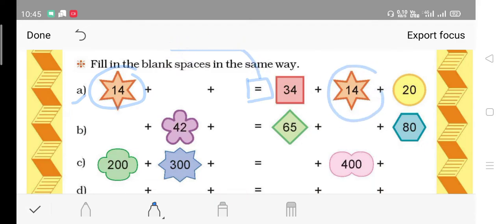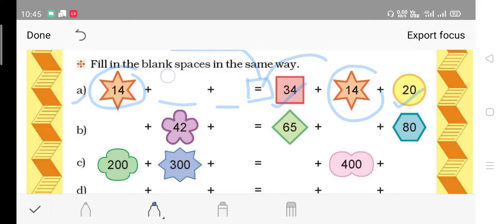That means here is one star and here is one star. So it is already there for us, no need to write. But two things are missing: a square with number 34 and a circle with number 20. If you write these at these places, the order on the left side of the equal and the order on the right side of the equal may change, but the answer will remain the same.